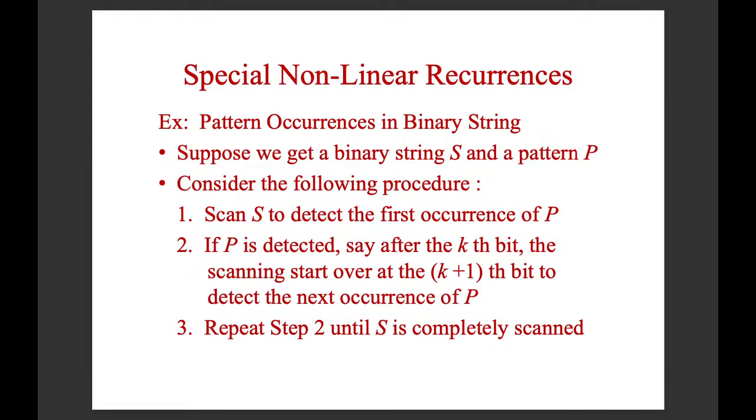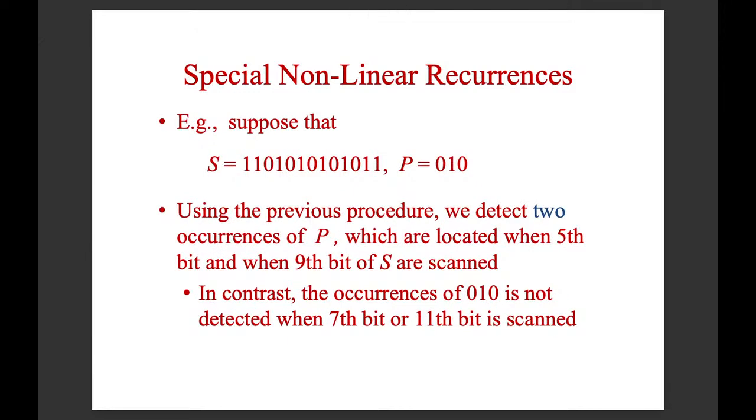Suppose P is still 101, but the original string starts with 10101. Then we say that P only occurs at position 3, but P doesn't occur at position 5. Is that okay? So this is the particular example.